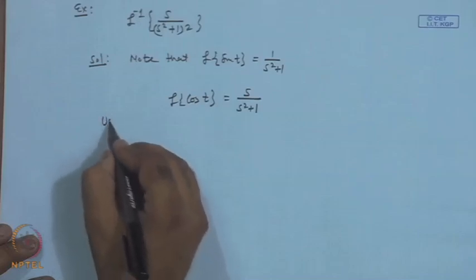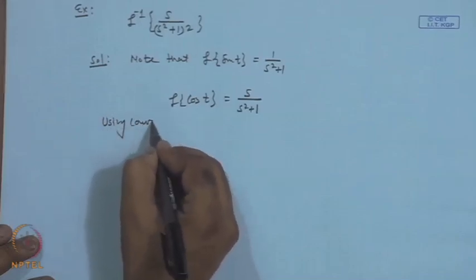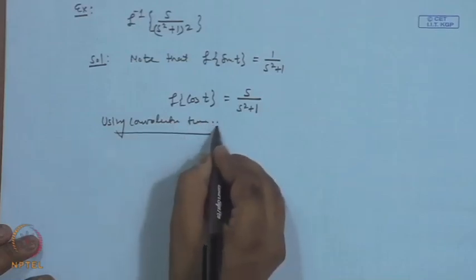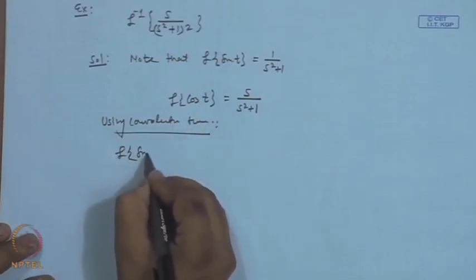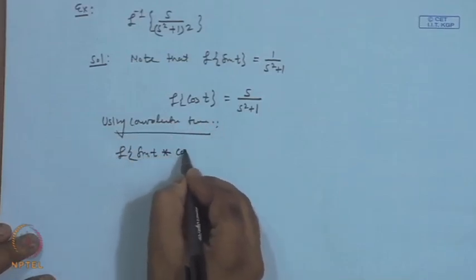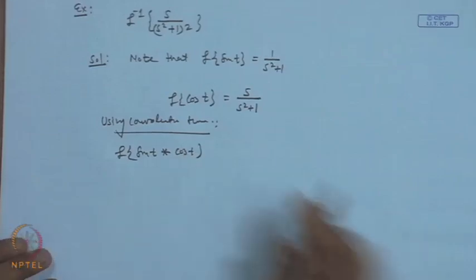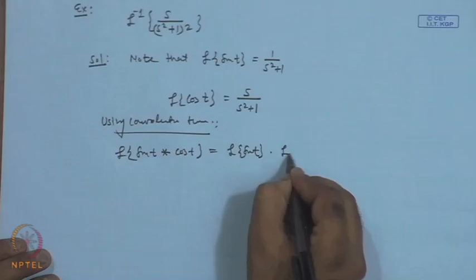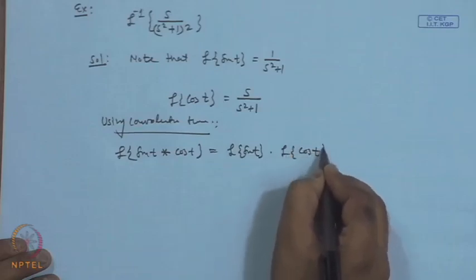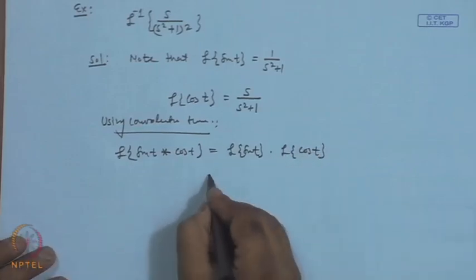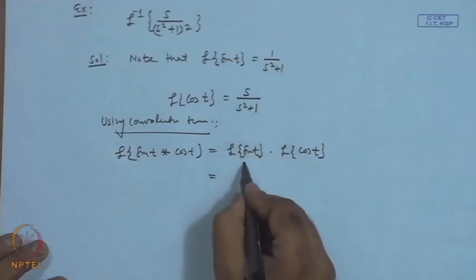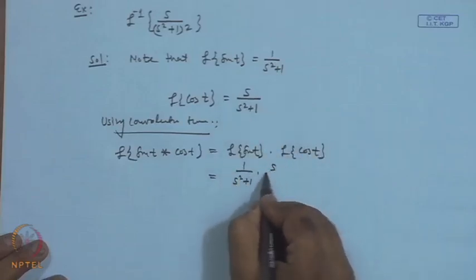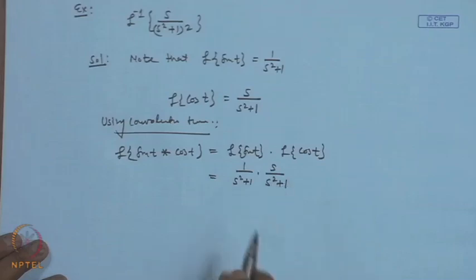So, using the convolution theorem, what we see is that the Laplace of the convolution of sin t and cos t would be the product of the Laplace of sin t and the Laplace of cos t. So, Laplace of sin t is 1 over s square plus 1, and Laplace of cos t is s over s square plus 1.